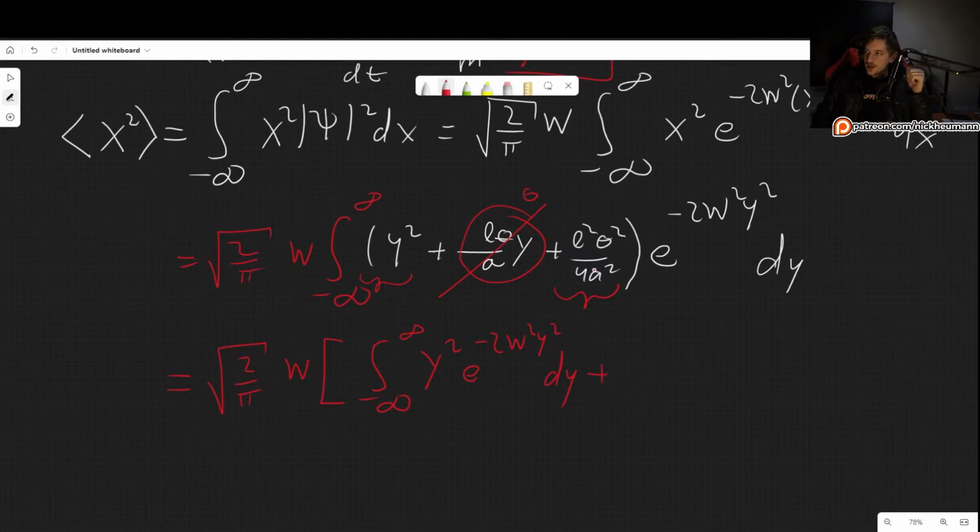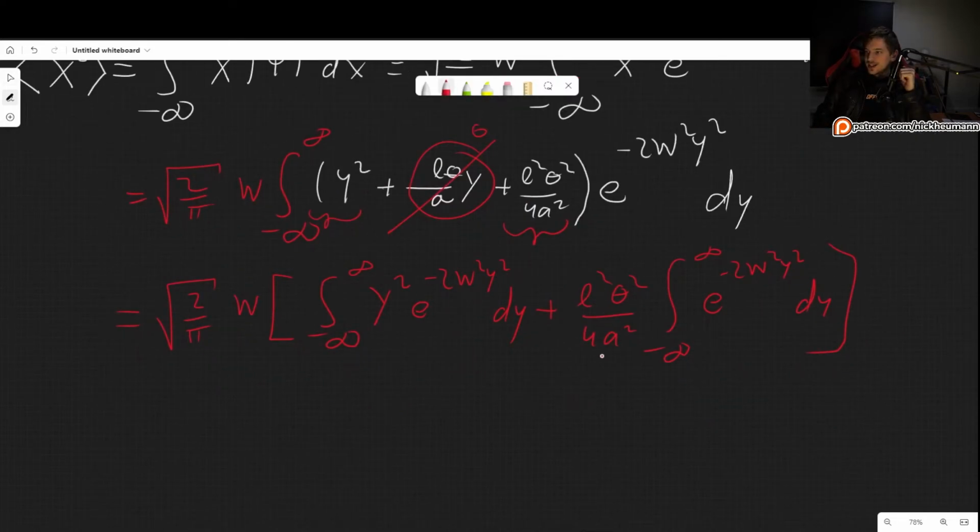And then we have this, which is L squared θ squared, which is a bunch of constants, and then the integral from minus infinity to infinity of e to the minus 2w squared y squared dy. Okay, so this integral is just simple. This is a Gaussian integral. So that one will be square root of pi over 2w squared. So that one is easy.